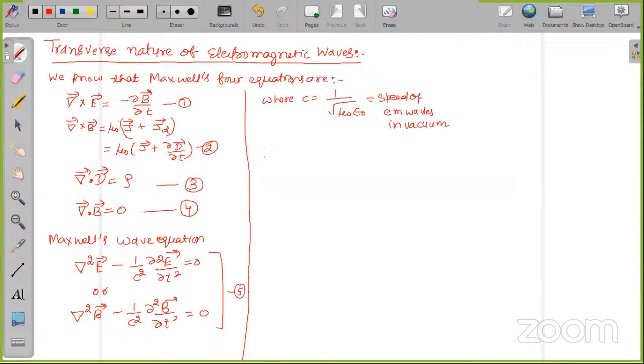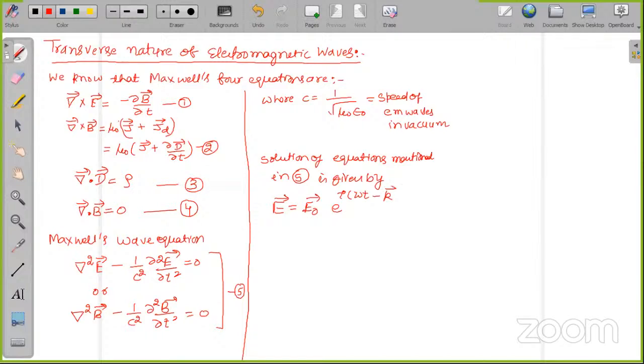And the solution of equations mentioned in 5 is given by, this was the solution: E vector is equal to E0 vector into e raised to power iota (omega t minus k dot r).